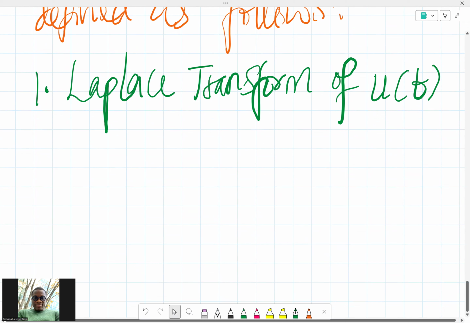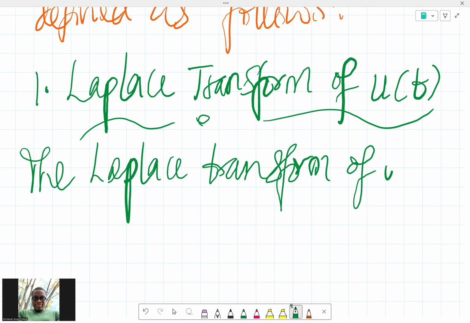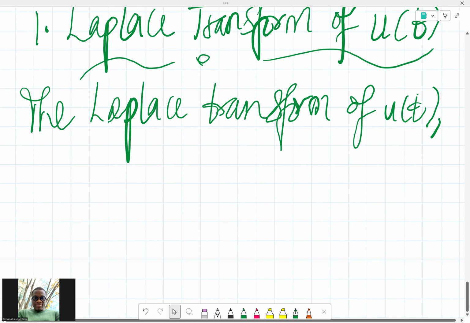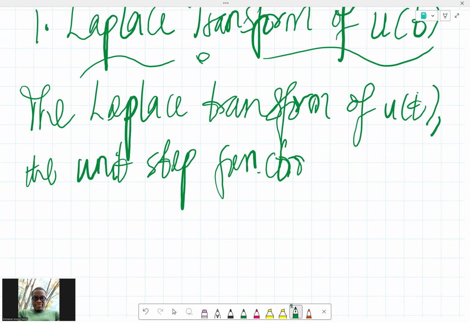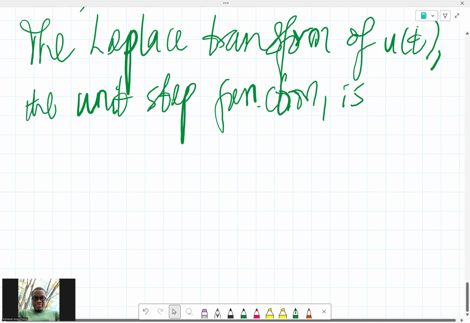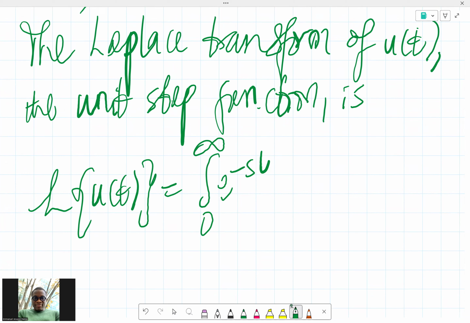Okay, so the Laplace transform of u of t, the unit step function, is L of u of t equals the integral from 0 to infinity of e raised to power minus st times u of t dt.